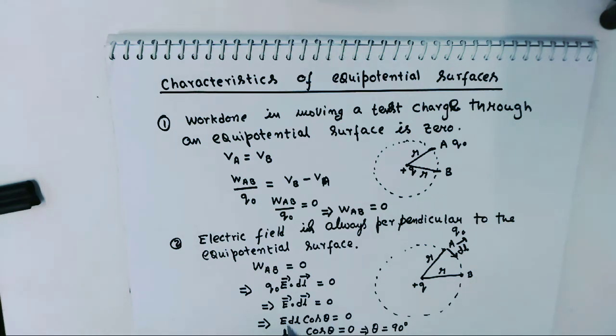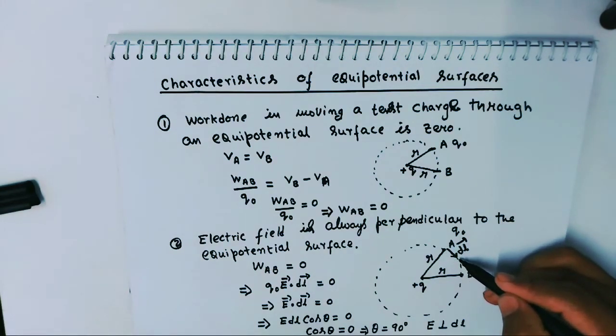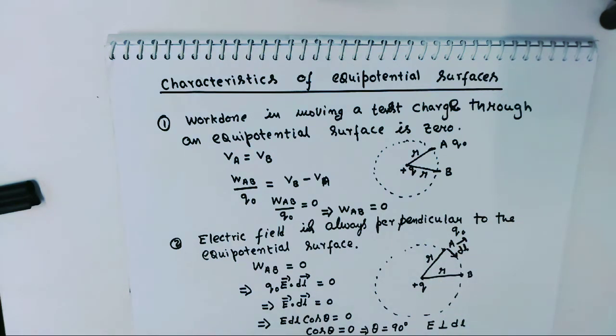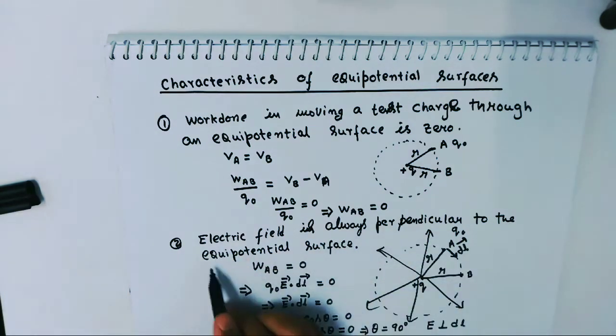So this means that E is perpendicular to dl. Since dl is on the surface and E is perpendicular to dl, hence we can say that electric field is always perpendicular to the equipotential surface.